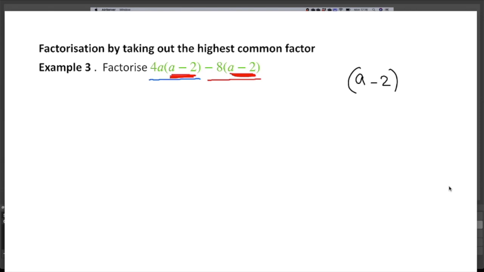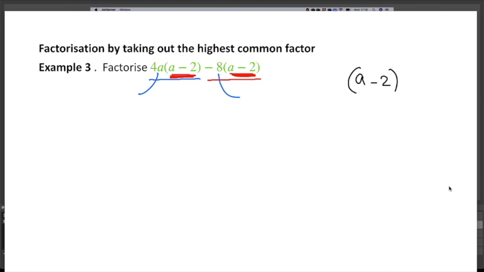So look at 4a. Okay, look at 4a here and look at 8 there. What is common between 4a and 8? You need to look for the highest common factor. A minus 2 is a common factor, but is it the highest common factor?